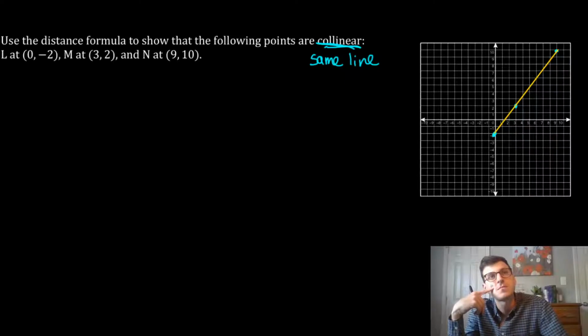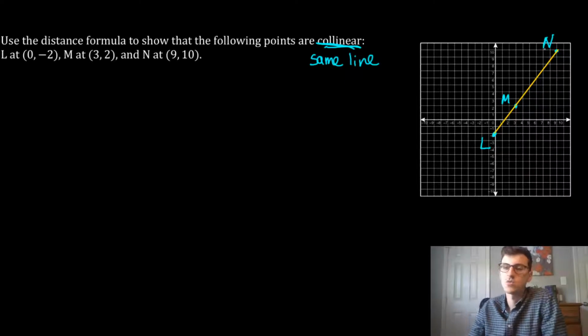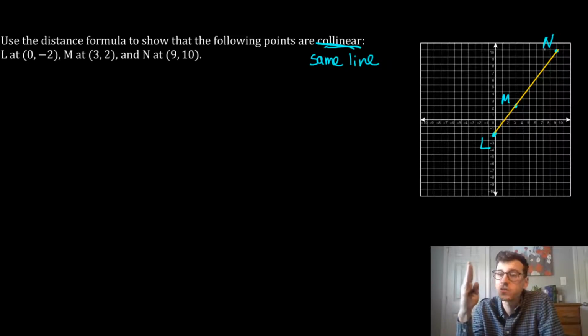So let's think about this. If the shortest distance between any 2 points is a straight line, then that means that the distance from L to M, if I add that distance to the distance M to N, that should equal the distance of L to N. And if that line isn't straight at all, if it's even a little bit crooked, then those two distances will not be equal to each other. So let's try it. We're going to use the distance formula 3 times.